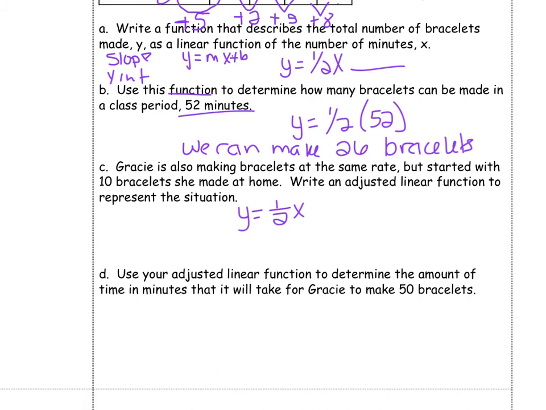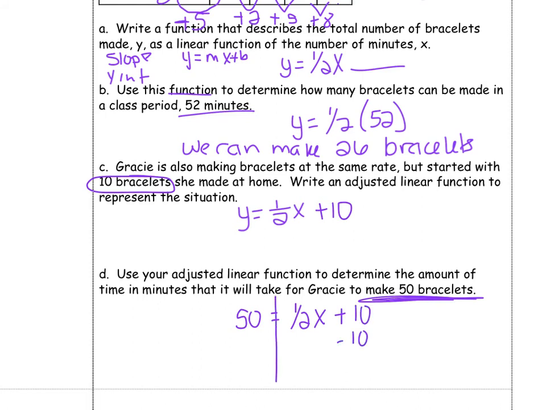And she started with 10. So now, how many minutes would it take her to make 50 bracelets? So the bracelets is the y. So 50 equals 1/2 x plus 10. And then you solve that simple equation.